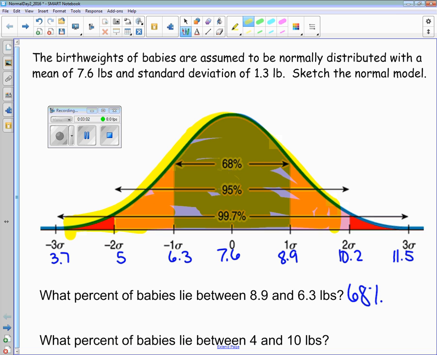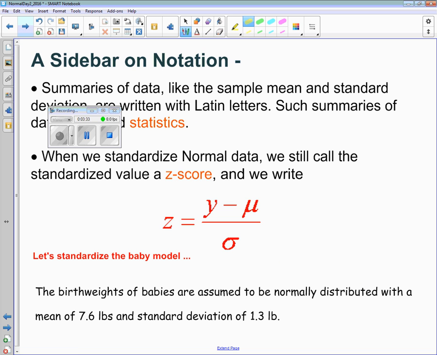If I had to estimate, would you say maybe 96%, something like that? I'm just estimating, throwing a number out there. It's a little bit more than 95 on the left, a little bit less than 95 on the right. About 95%? You know it's some big number. Would you agree? But we can actually find it exactly, and I'm going to show you how to do that today. We're going to come back to this question.